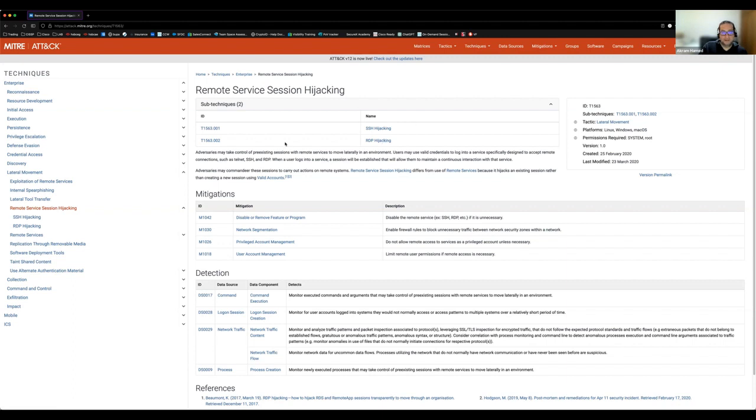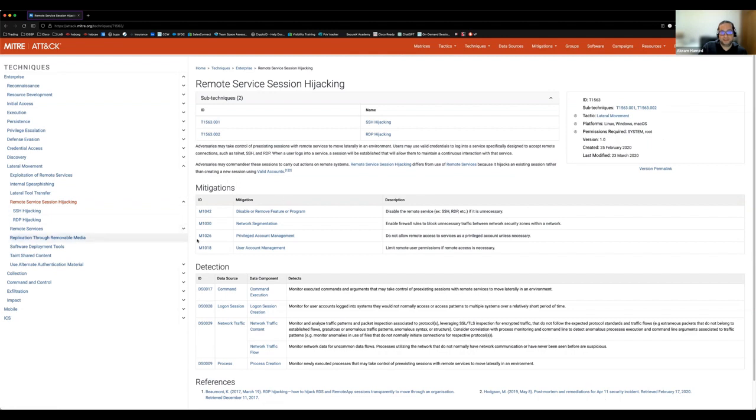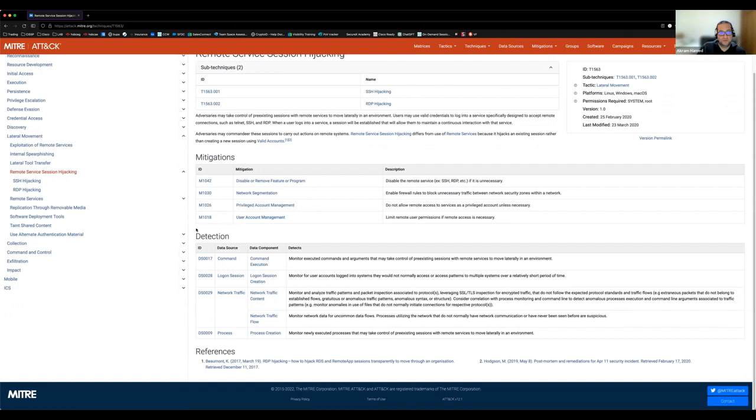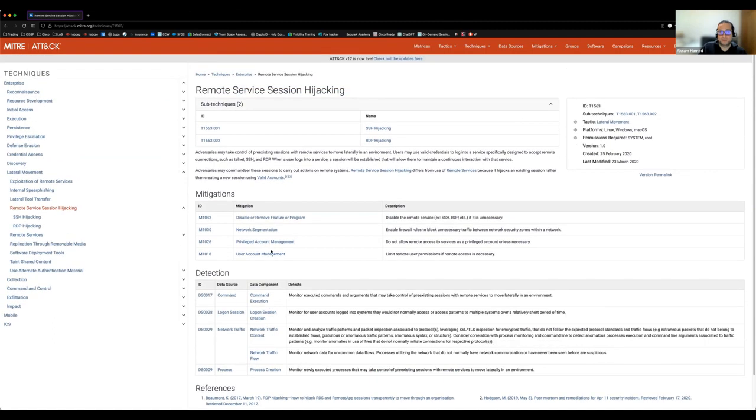It would explain a little bit about this technique. It would show you the mitigations that you should put in place in order to protect yourself against those techniques. And it will tell you also what kind of detection can be put into place in order to detect those techniques.